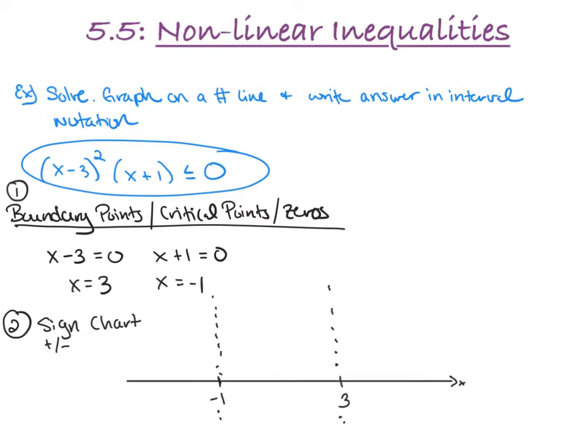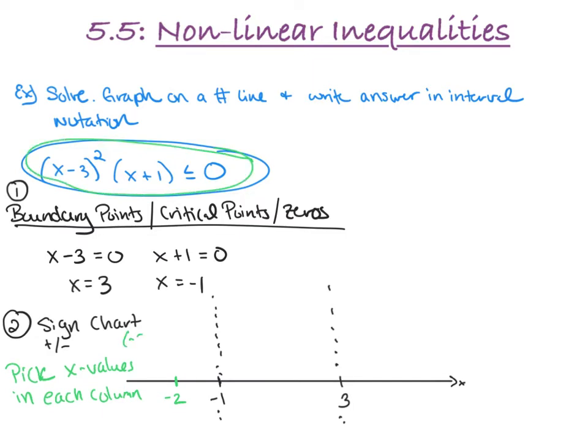So to complete the sign chart, we're going to pick x values in each column. I'll do this in green so that you can follow along. I think a nice easy one to pick way over here is maybe negative 2. I'm going to plug that into my inequality.